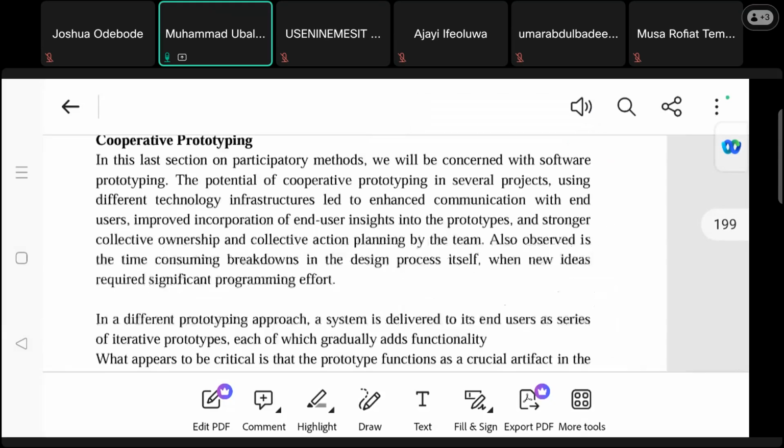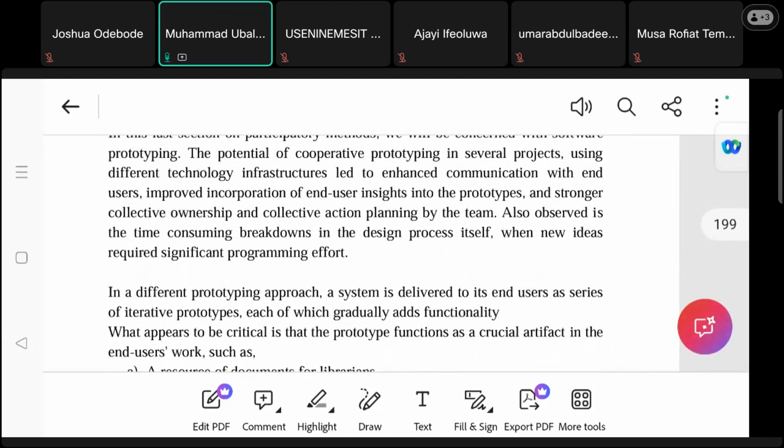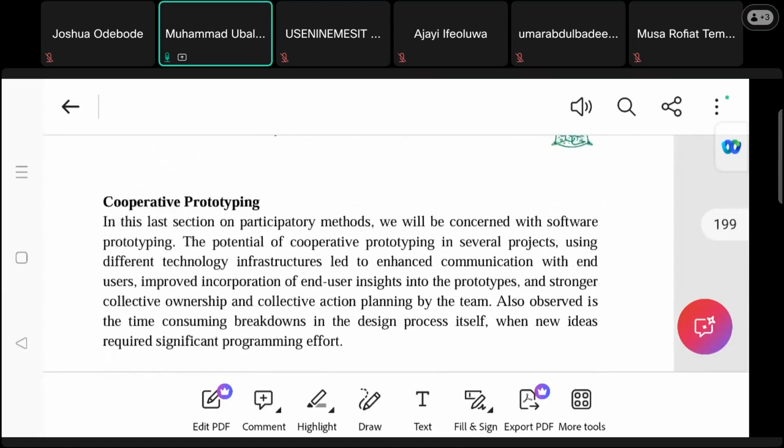So, what is this trying to say is that cooperative prototyping allows for iterative development with user feedback, which improves system design through continuous refinement, meaning that the process or the system or whatever it is in design, maybe it is a software or maybe it is a hardware, there is an iterative development process that involves continuous refinement, meaning that ideas can be changed again and again until something is gotten correctly.